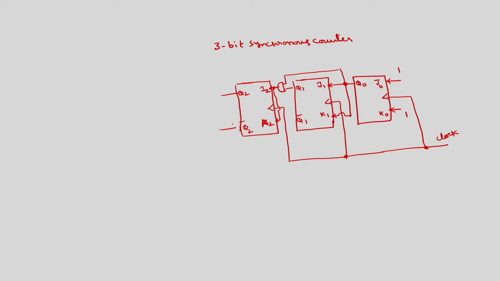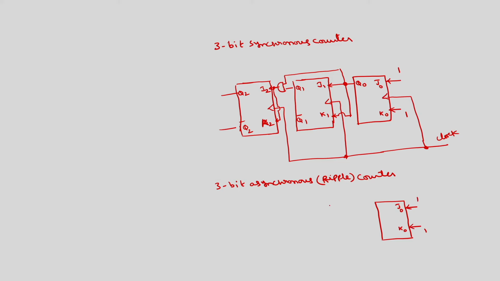So, we know that using T flip flop we have derived this 3-bit asynchronous or ripple counter. If I use the JK flip flop only, to have a better comparison, a T flip flop is nothing but J and K connected together. So all inputs will be permanently connected to 1.